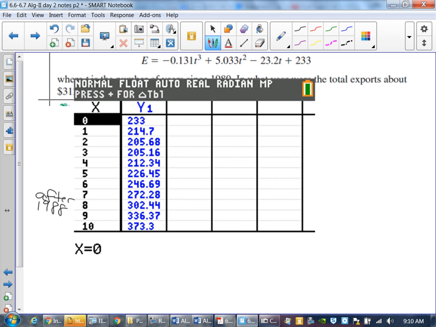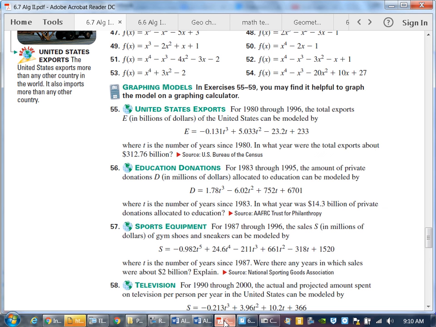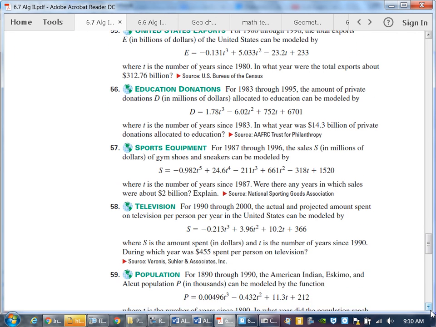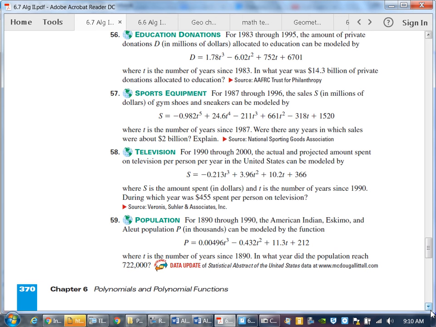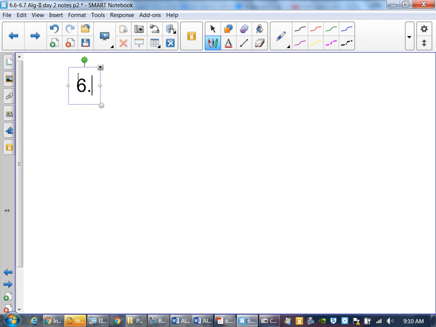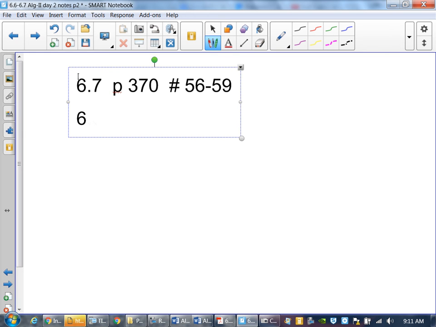So what I want you to practice tonight is this, the 6-7. Let me write down these numbers for you here. On 6-7, which is page 370, and it was 6.6, I think, was the other one.